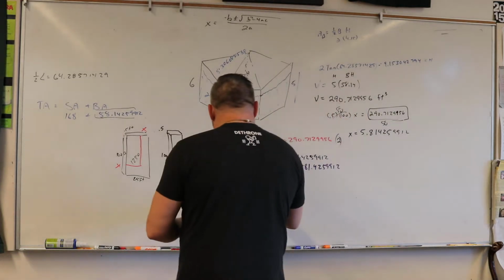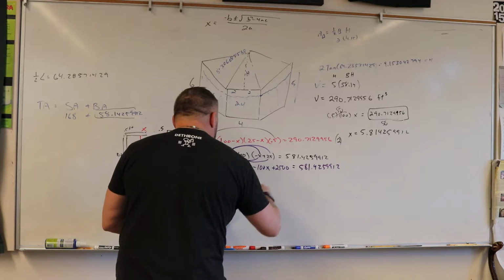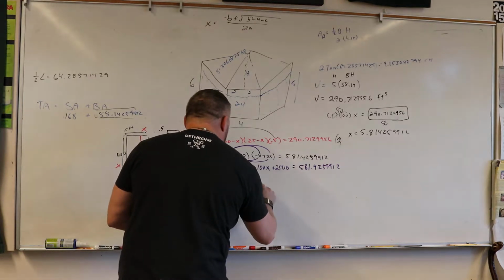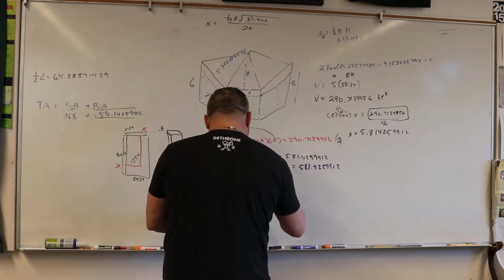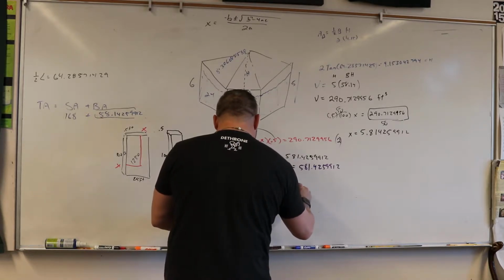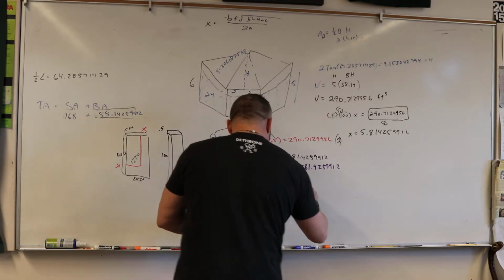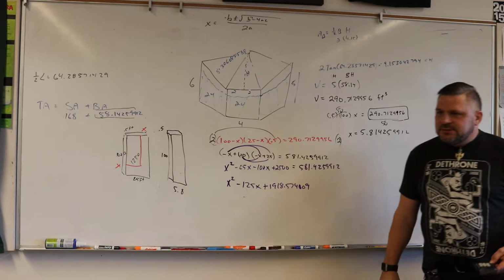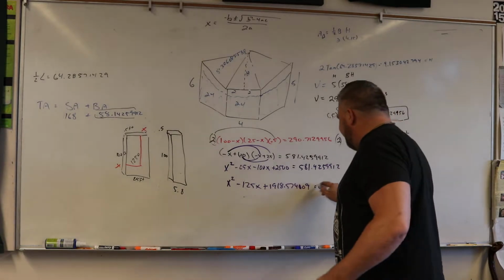And you should end up with x squared minus 125x, right? Plus 1918.5740009. Okay? Is that the number you got? Now that's going to equal 0.